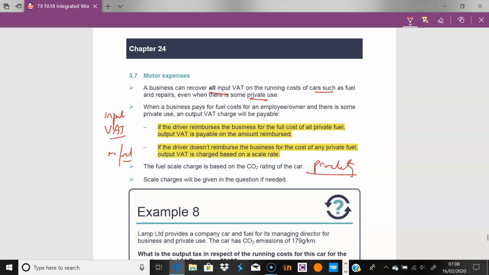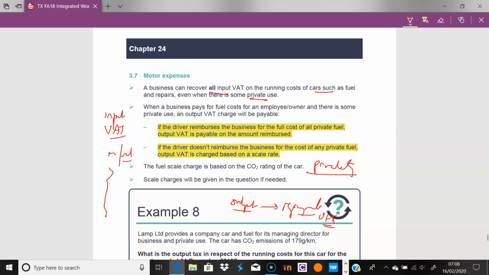The key point is that you're claiming all this input VAT on fuel that's been bought, but some of it has been used privately. So in effect, you are claiming VAT that you shouldn't be claiming. That's one way of looking at it. And so the question here is, what is the amount we have sold, and therefore have to recognize some output VAT or repayment VAT, if you like.